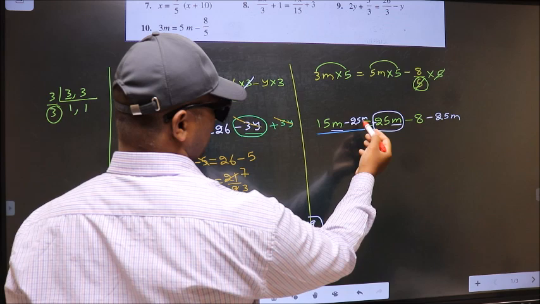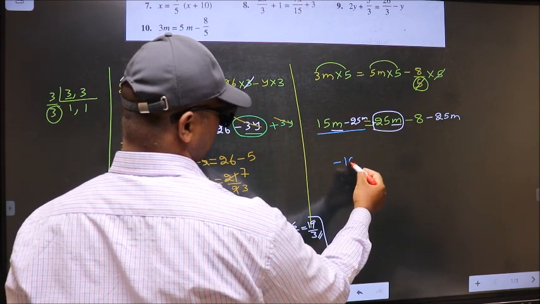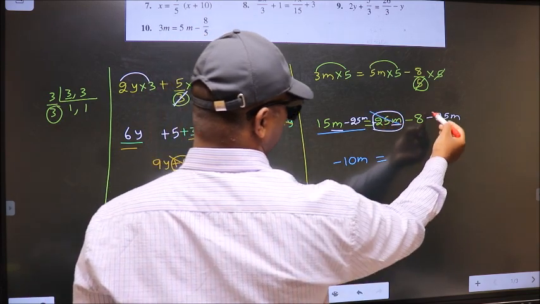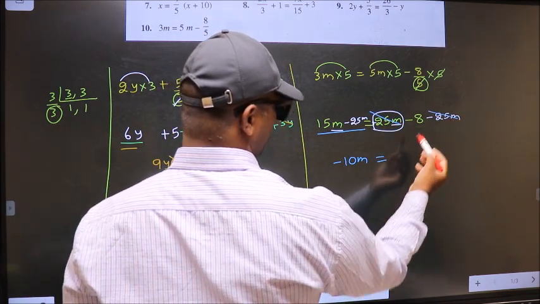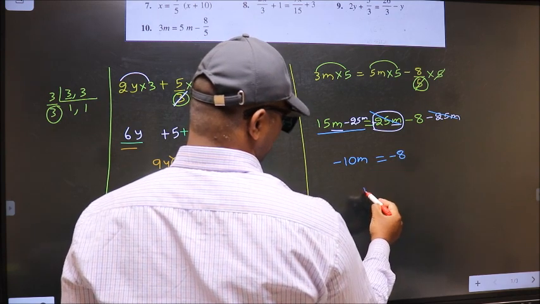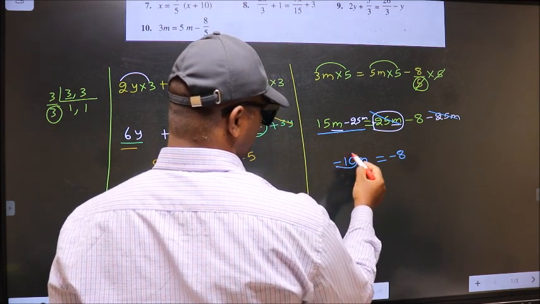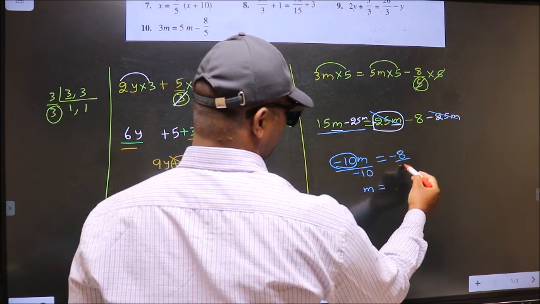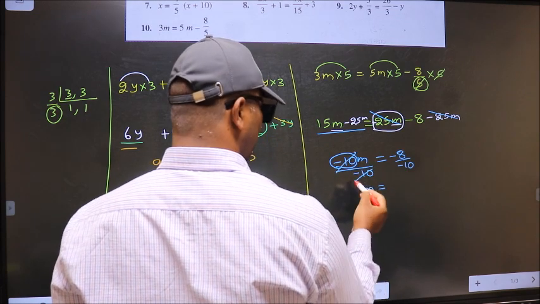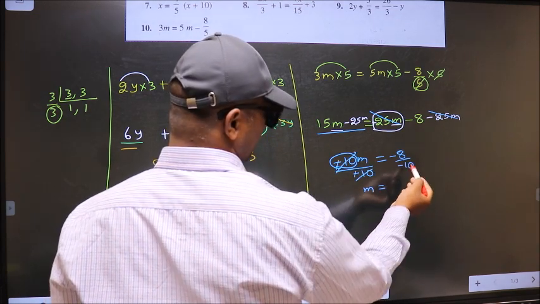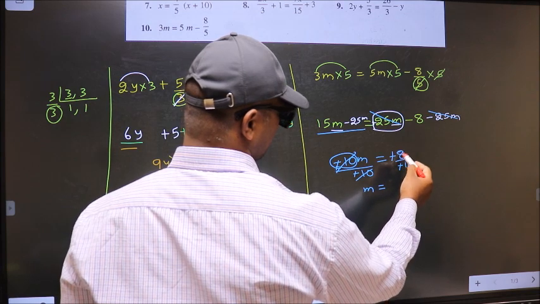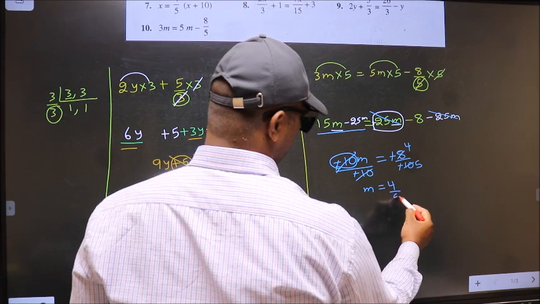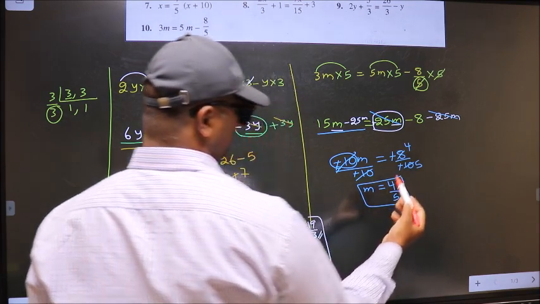So 15m minus 25m will result in minus 10m equal to plus 25m minus 25m cancel out, you are left with minus 8. Now to get m, we should remove minus 10. So to remove minus 10, you divide by minus 10. So here it cancels out, you are left with m. And on this side cancel the negatives, then 2 4s are 8, 2 5s are 10. So we got m equal to 4 by 5 is our answer.